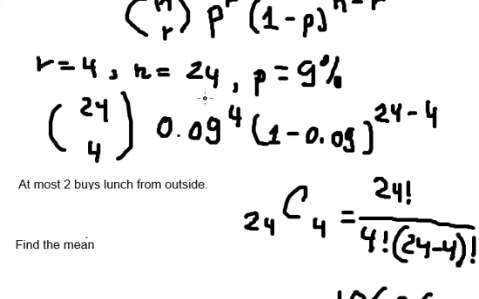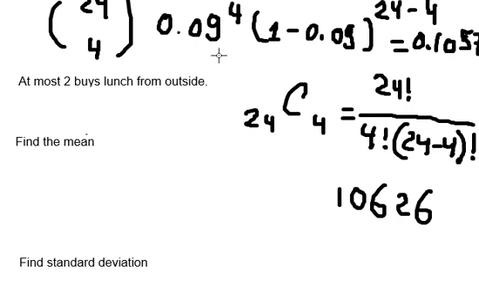So we multiply this number with this number in here, and we have 0.1057, and this is the answer for the question.